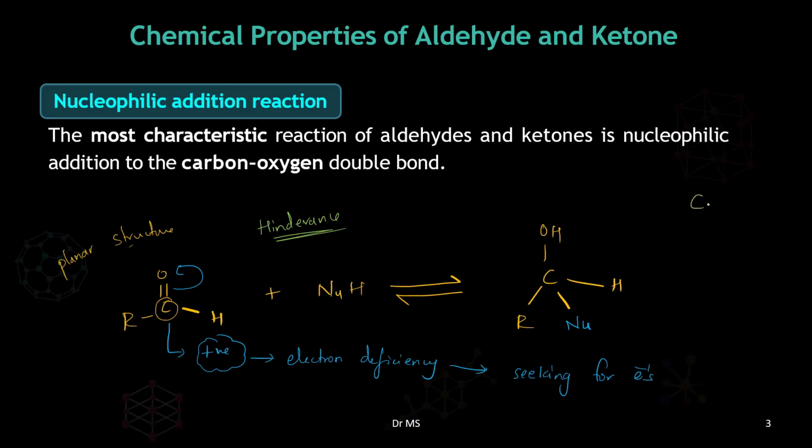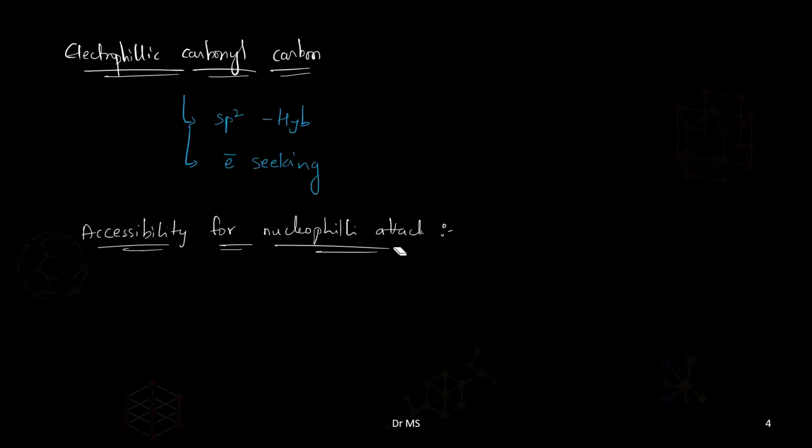Yes. So when there is a carbon surrounded with bulky groups, it is very difficult for any atom to approach the center carbon. That we call the hindrance effect. The accessibility for nucleophilic attack is only possible when it is unhindered.